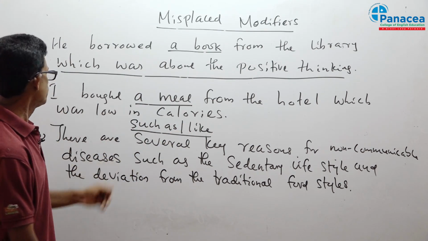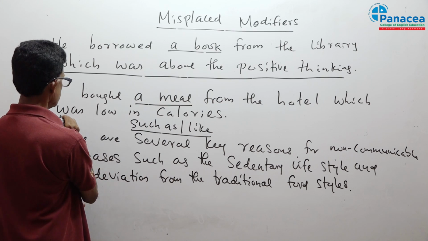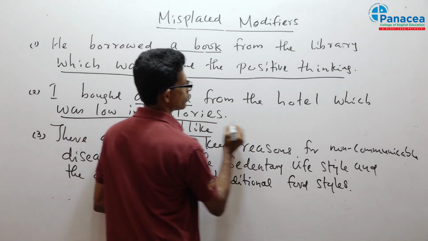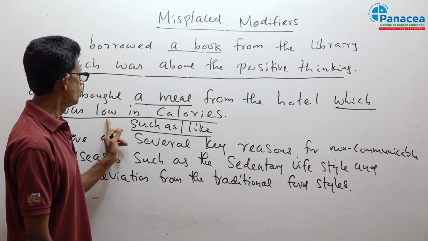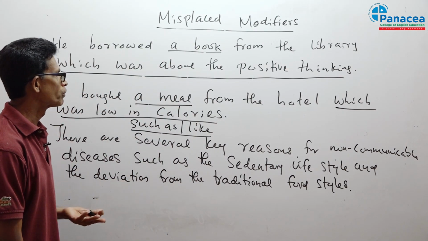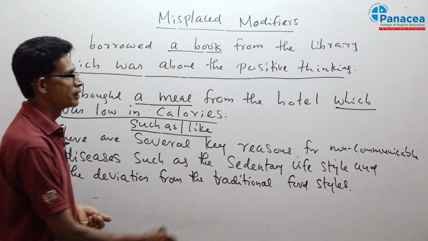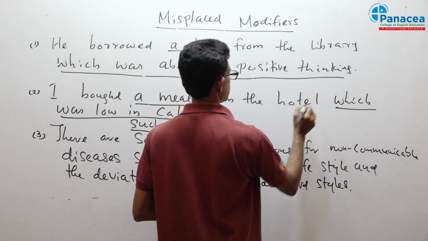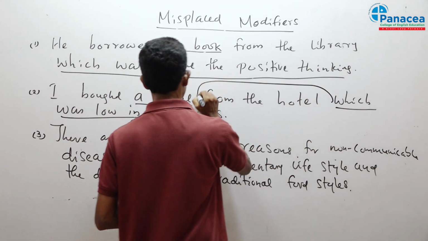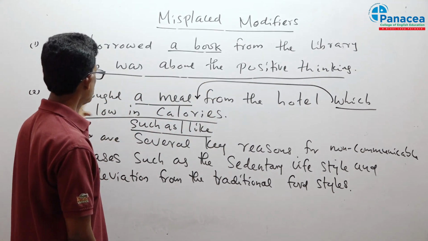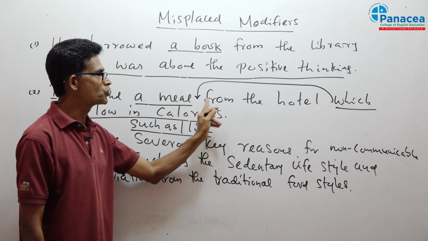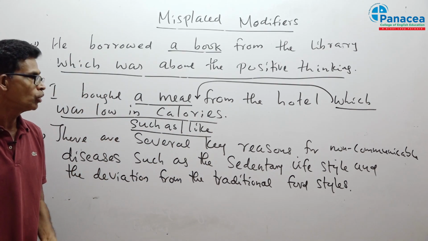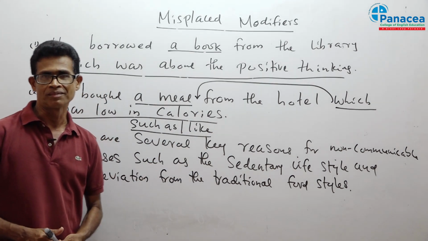The meal is low in calories. Therefore, you have to place which was low in calories here. Yes, I bought a meal which was low in calories from the hotel. So don't make this error.